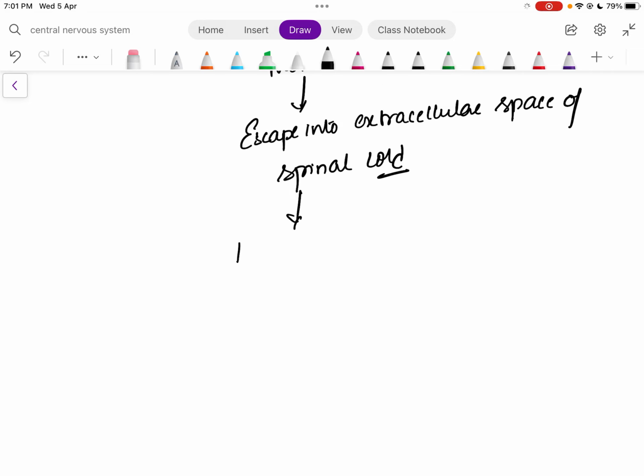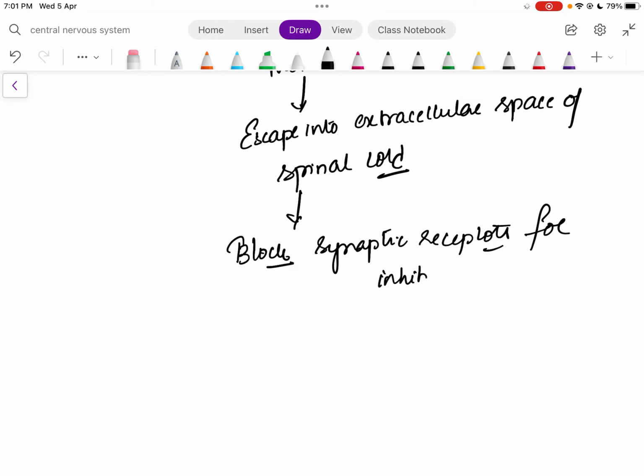And what will this tetanus toxin do? It will block synaptic receptors for inhibitory neurotransmitters.